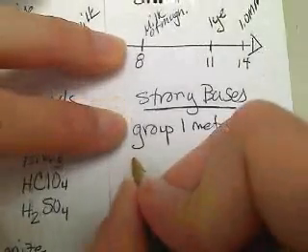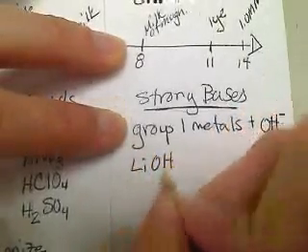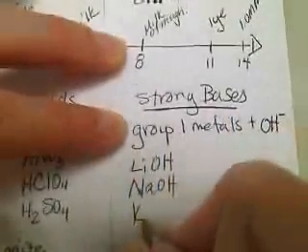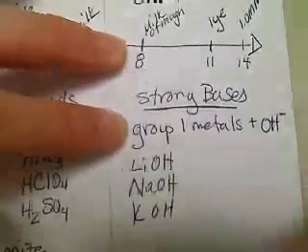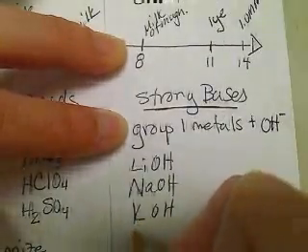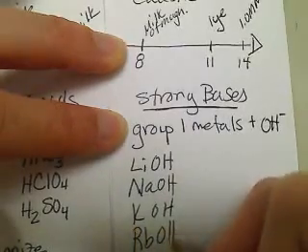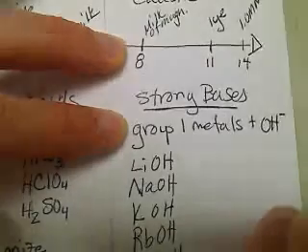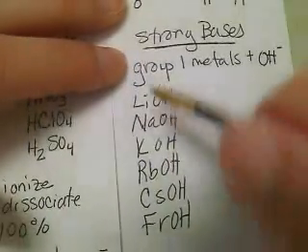So you're going to have lithium hydroxide, sodium hydroxide, potassium hydroxide. What's next? What do we have? Rubidium? Yeah. Rubidium hydroxide, cesium hydroxide, and francium hydroxide. Oops, can't see that. Sorry. Right, so these are all your group 1 metals.